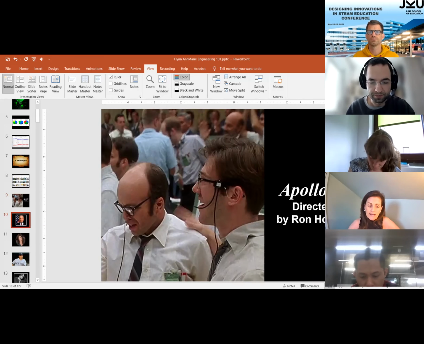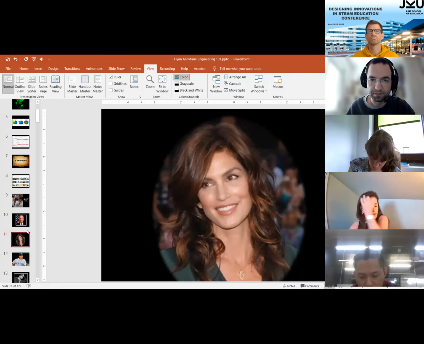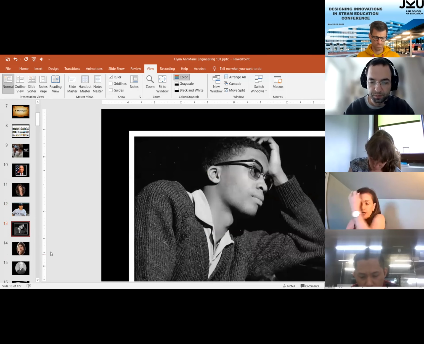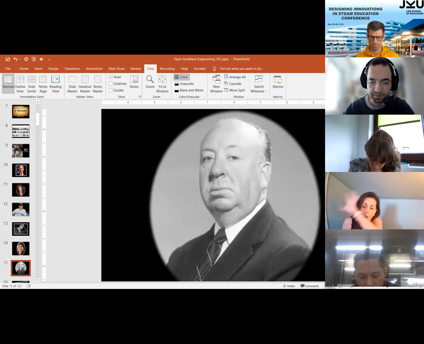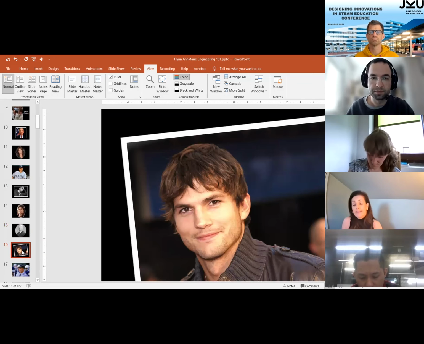The reality is, Mike Bloomberg, mayor of New York, presidential candidate. Cindy Crawford, Uber model, now a partner in Casamigos. Joe Girardi, manager of the Yankees. All of these are engineers. Herbie Hancock, Teri Hatcher, Alfred Hitchcock. All of these are engineers. Ashton Kutcher, now that's a surprise, I have to be honest.